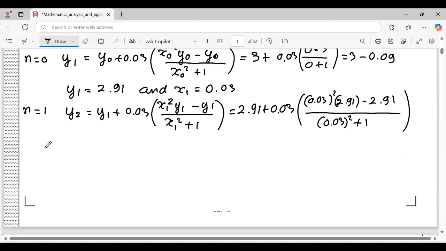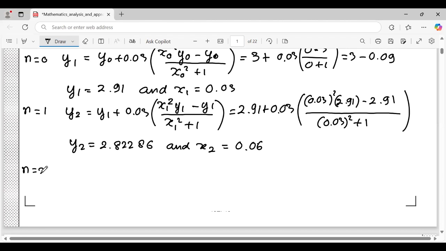And if you calculate, you can gain y2 is 2.82286 and x2 is 0.03 plus 0.03 is 0.06.